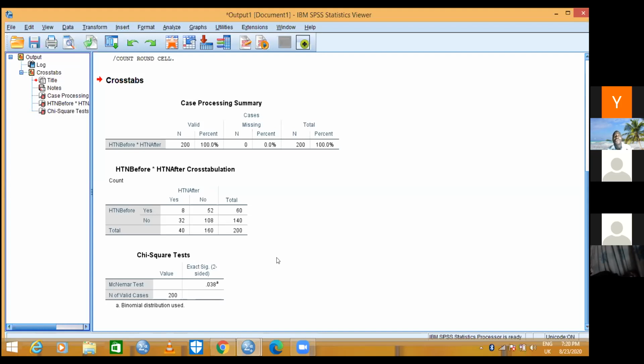Even if you use WinPepi to do it, it will give you the p-value. So you can use your hand to calculate the value, but you can't calculate the p-value by hand. The machine will calculate the p-value for you. So it's a combination. You have to use your head to calculate and go and check the p-value in it.